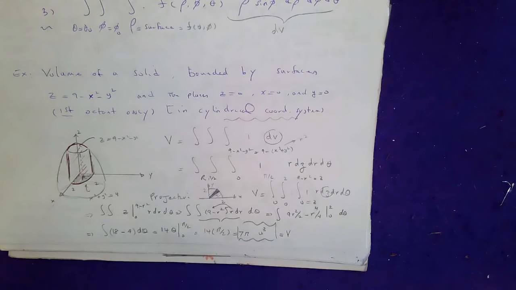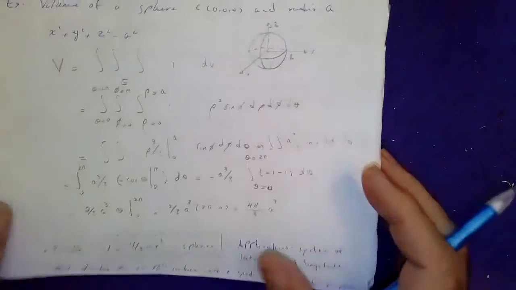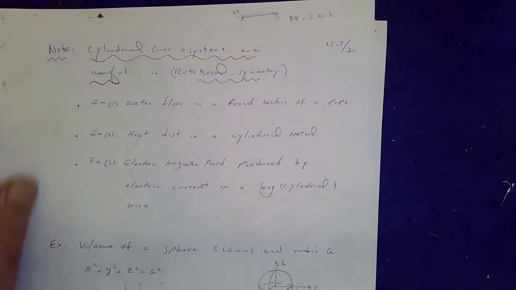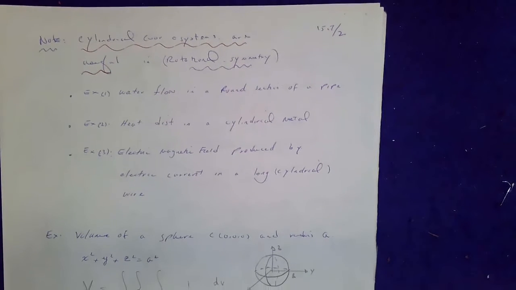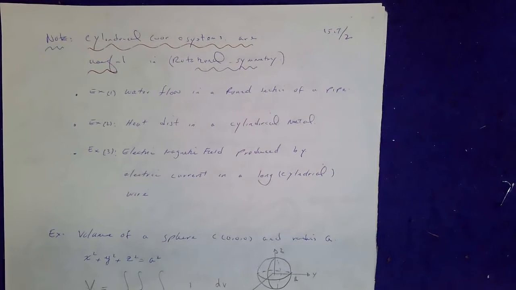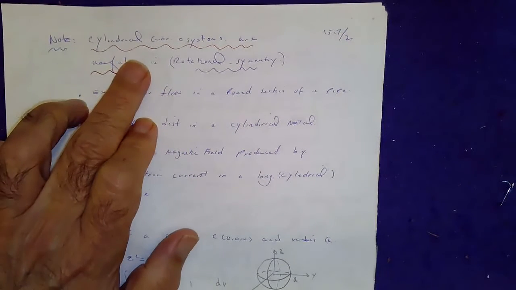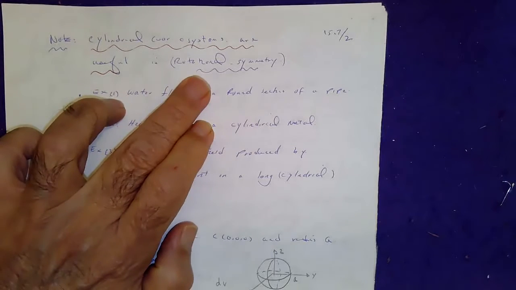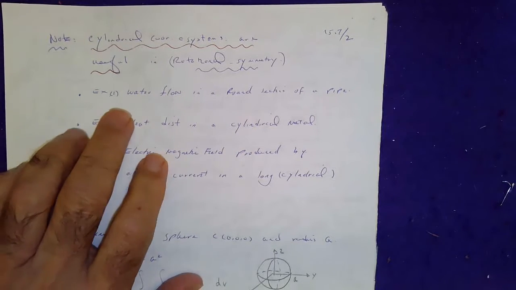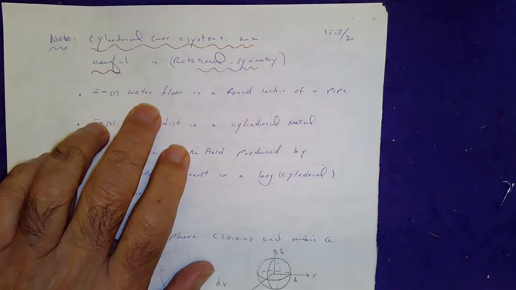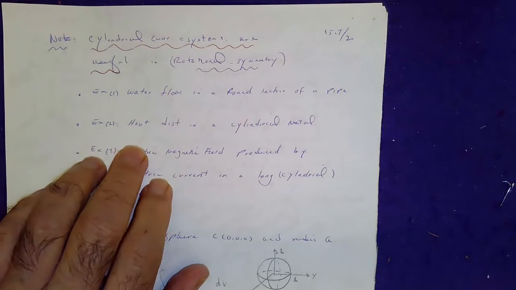Do you see it? So the question is, when do we use cylindrical coordinates, or what is the application of it? When is it applicable? Well, cylindrical coordinate systems are useful in rotational symmetry kinds of solids. Example one would be water flow in a round section of a pipe.